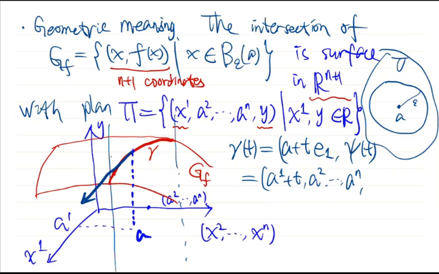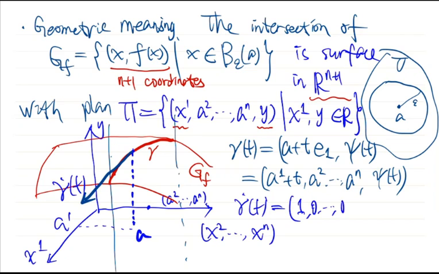The last coordinate is our φ(t), which is f at a + t e1. So the derivative of gamma is (1, 0, ..., 0, ...). The derivative with respect to t of the first coordinate is 1. The others, a2 to an, are independent of t, so their derivatives are 0.